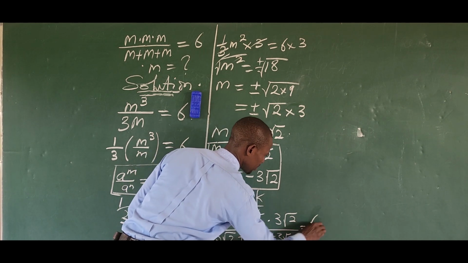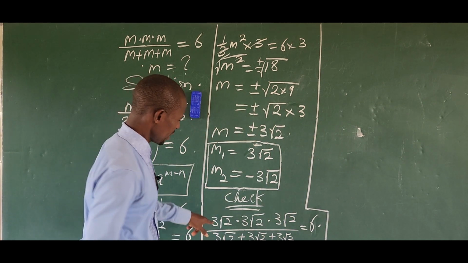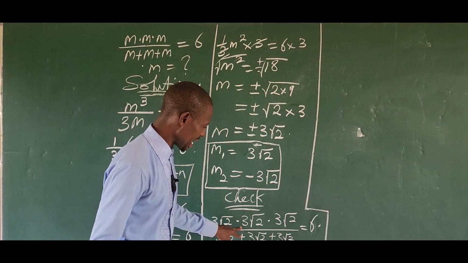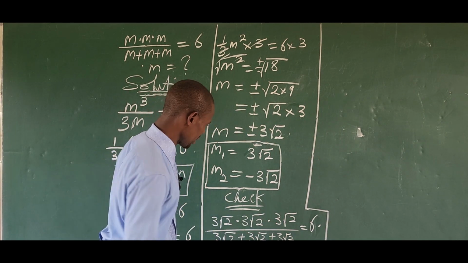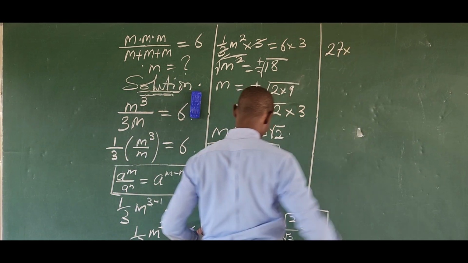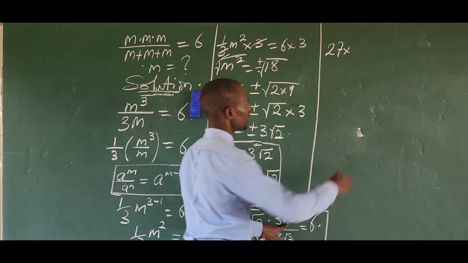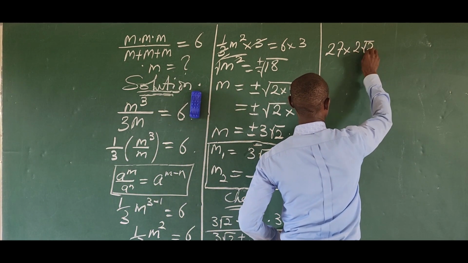Let's continue on this side. 3 times 3 is 9. 9 times 3 will give us 27. So this is going to give us 27 times root 2 times root 2, which gives 2, times root 2, which gives us 2 root 2.